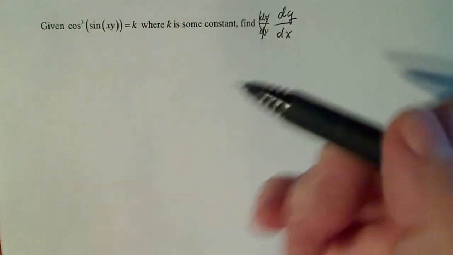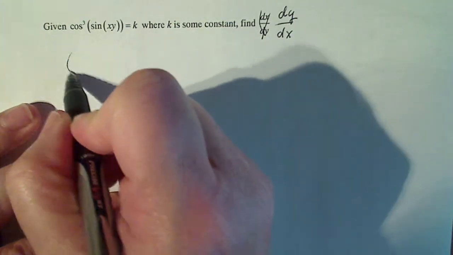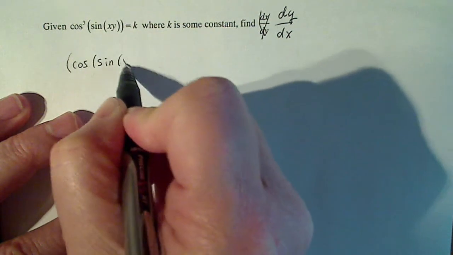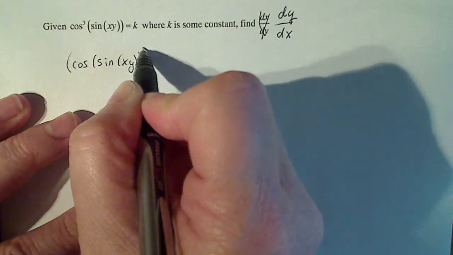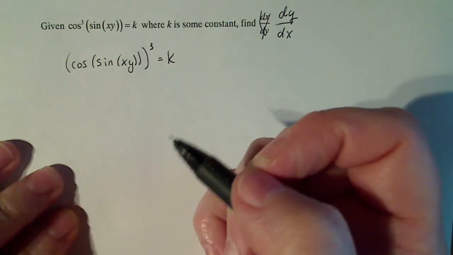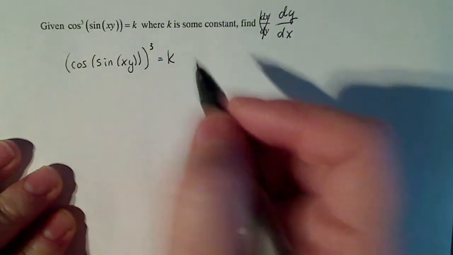Sorry, that is a typo. Now what I'm going to do here is start with rewriting this as cosine of sine of xy, all to the third equals k. It's easier. We're going to be using the chain rule quite a bit to do this, but here we go.